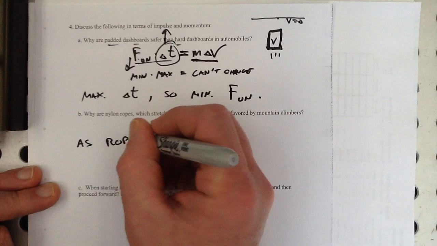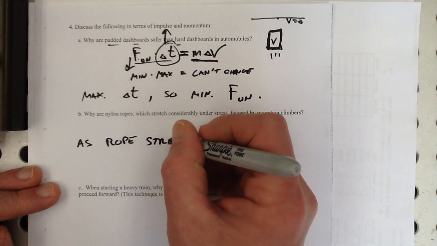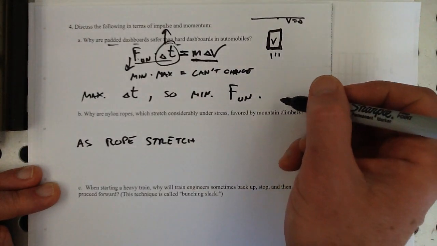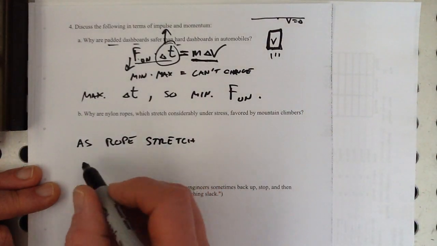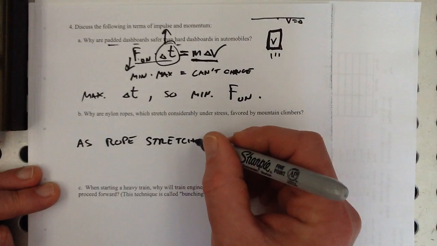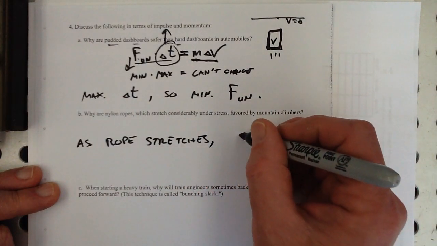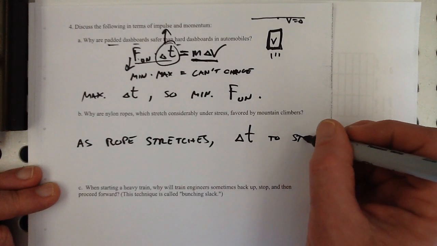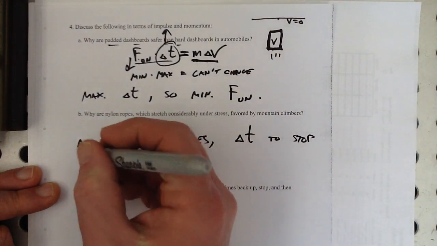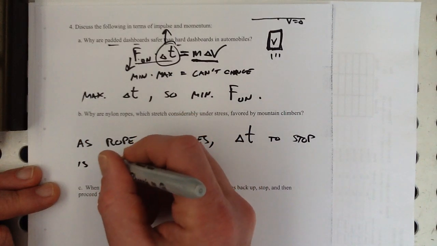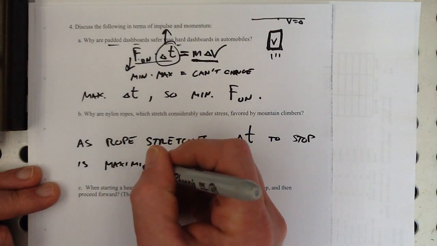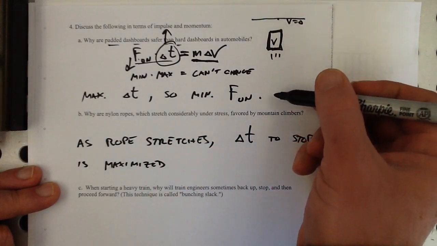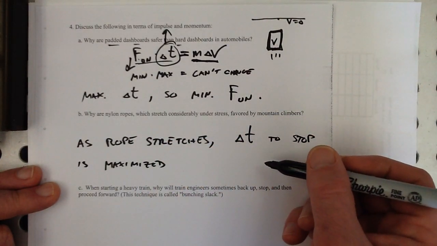As the rope stretches. So we're talking about the situation where a climber has fallen and the climber is going to get stopped by the rope that's tied to them. So as the rope stretches, the amount of time it takes them to stop is maximized, instead of a non-stretchy rope where they're falling, and all of a sudden, doink, they stop very, very suddenly.